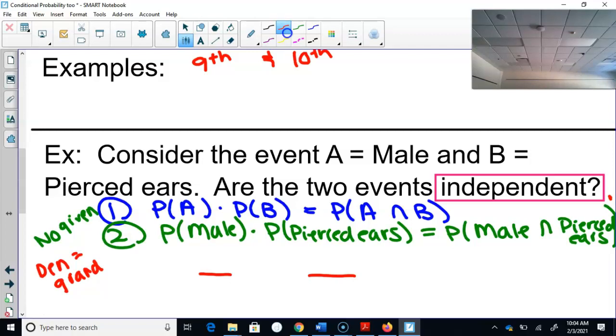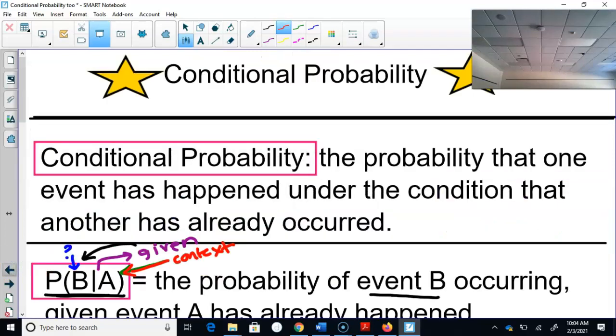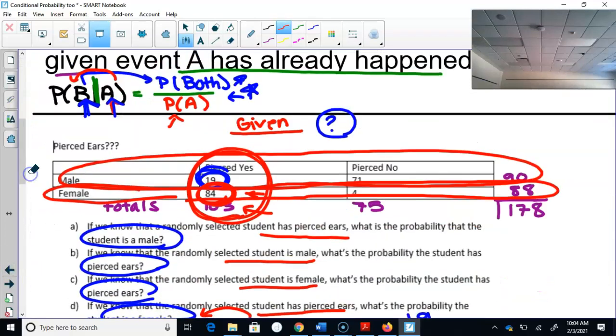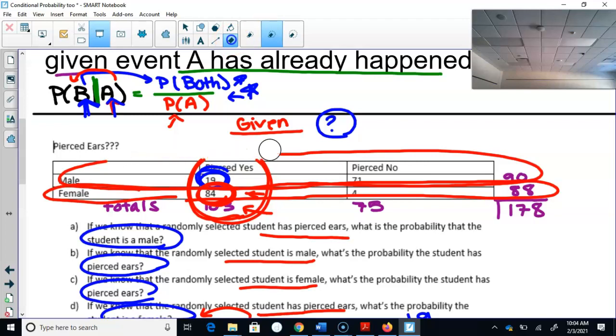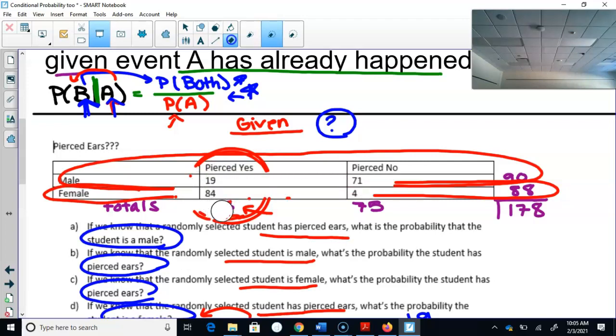So we want to go back and we want to look at our table, and let's erase all this mess that we have up here because it's hard to read now. Oops, I didn't want to do that because now I have my totals. Let's see if I can just erase in here. That's 103, so I'll rewrite that one.